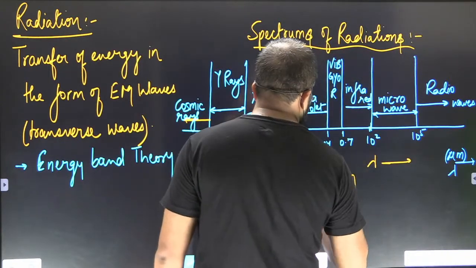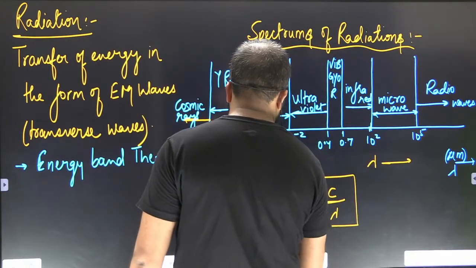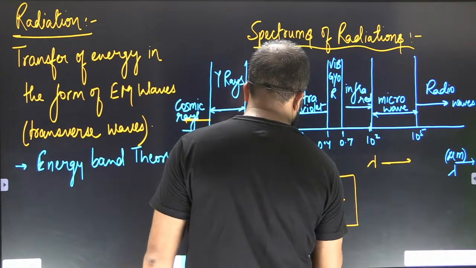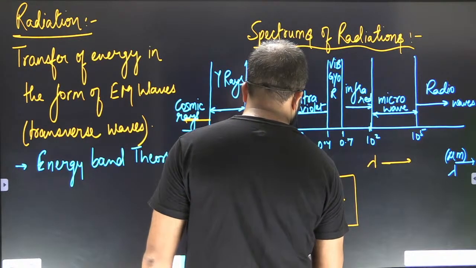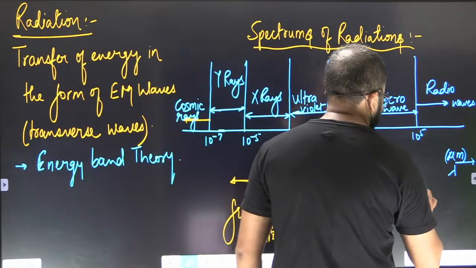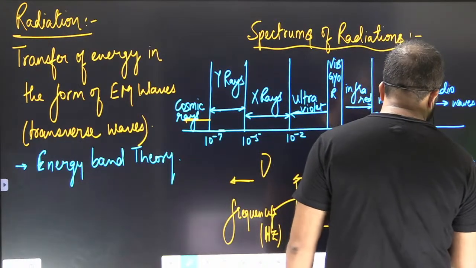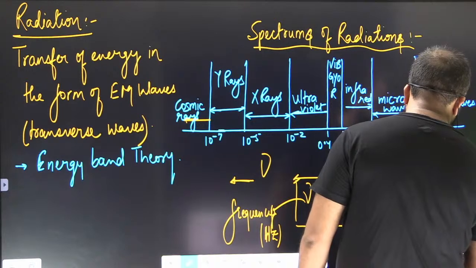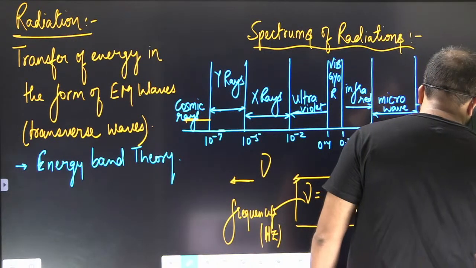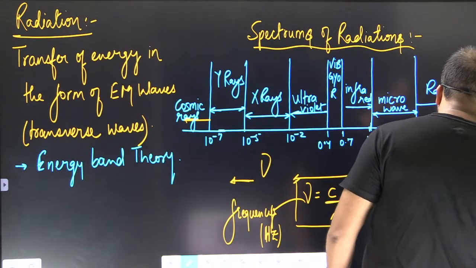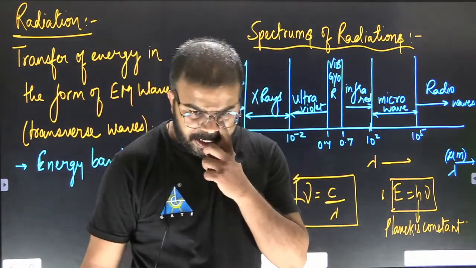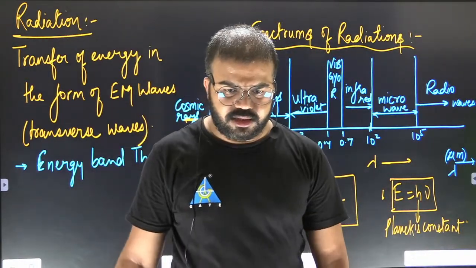Nu is frequency, in hertz. And E equals h nu. This you also know. h is Planck's constant. So energy is directly proportional to the frequency, right?